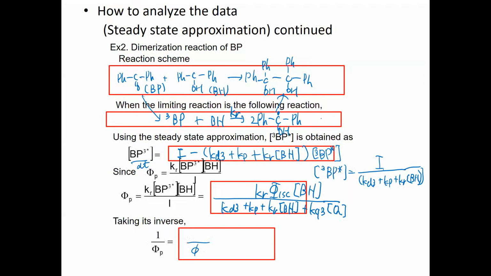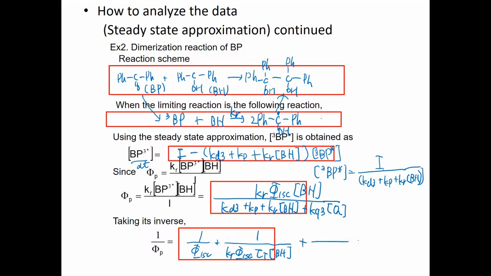like YISG over 1 plus K YISG tau triplet BH, and these calculations are included in the after-lecture exercise.